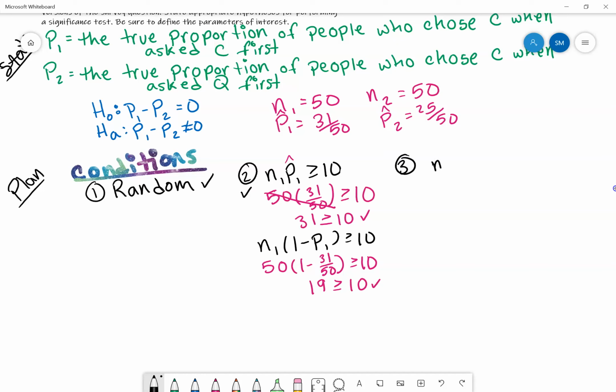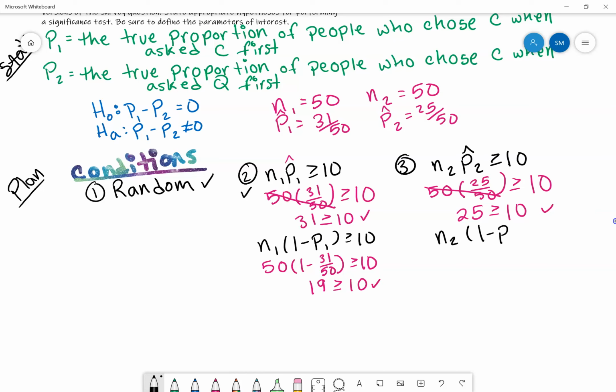Condition number 3, n sub 2 times p hat sub 2 greater than or equal to 10. So 50 times 25 over 50 needs to be greater than or equal to 10. Cross it out. 25 is greater than or equal to 10. Yes, that's correct. N sub 2 times 1 minus p hat sub 2 needs to be greater than or equal to 10.